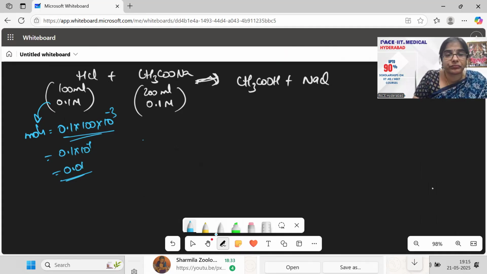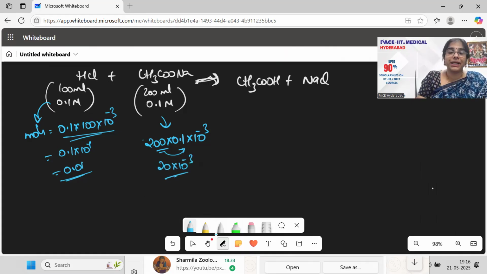And how much is this here? 10 power minus 1, and 200 ml, which is 200 times 0.1 times 10 to the power minus 3. So this is 10 power minus 4 हो जाएगा, which is again, I will convert this, ये 100 में चला जाएगा. 10 into 2, 20 into 10 to the power minus 3.